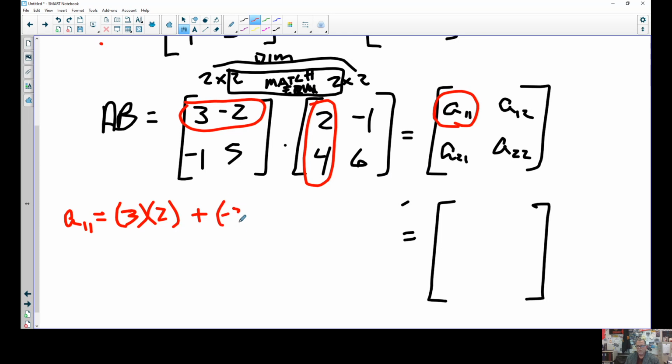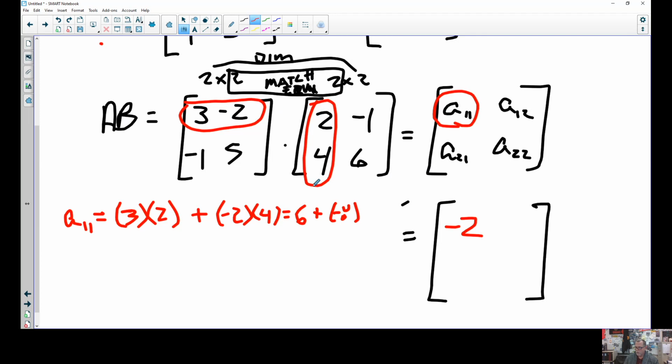So negative 2 times 4. So this is equivalent to 6 plus negative 8, or negative 2. That is our A11 element. All right. So again, A11 told me I'm doing first row, first column.